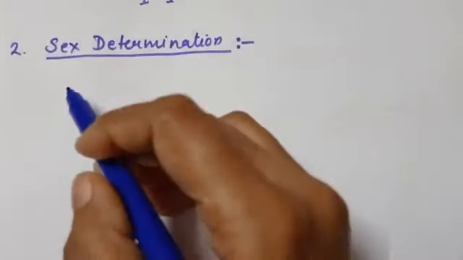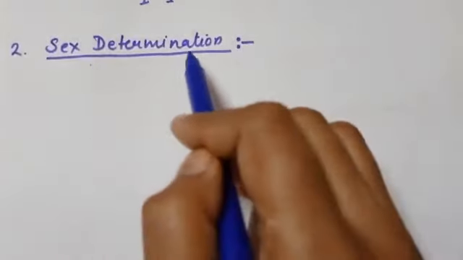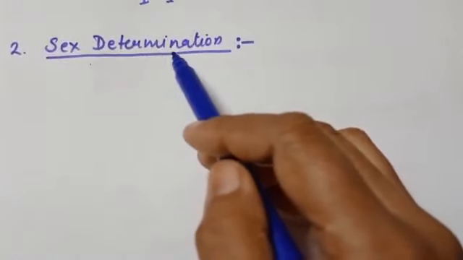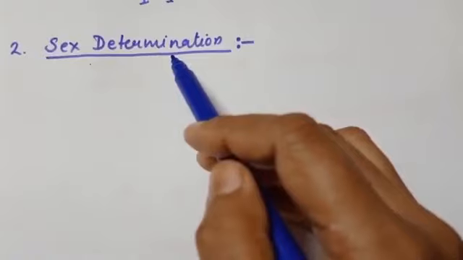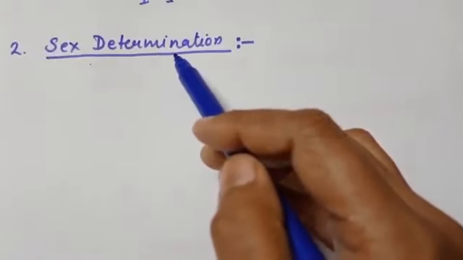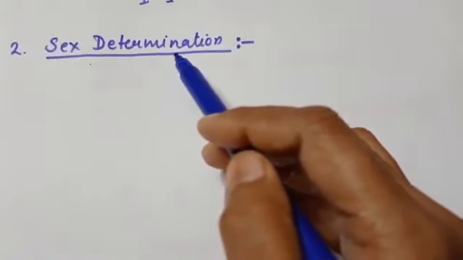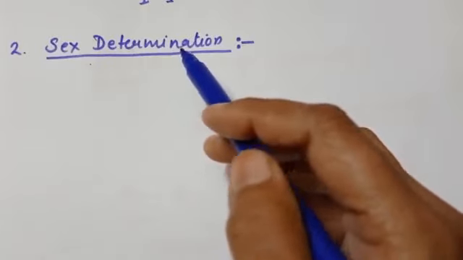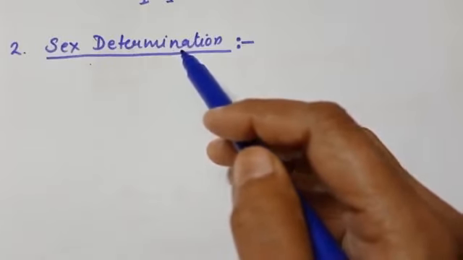Our next topic is sex determination. Sex determination of a child means how the baby which develops in the womb of a mother knows in what form it has to develop completely, whether it has to become a baby boy or a baby girl.